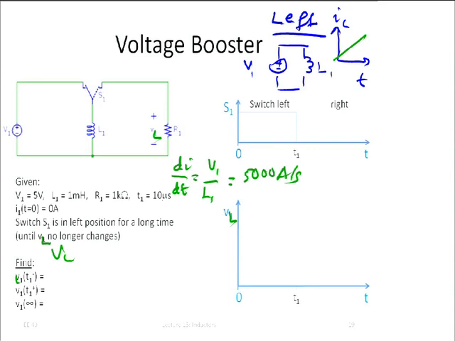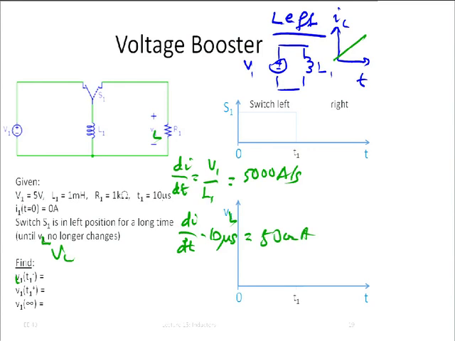So after time t1, what is the current? Okay, you can figure exactly 50 milliamps. Okay, so everybody should be able to do this. If you have a question about that, then please ask me.